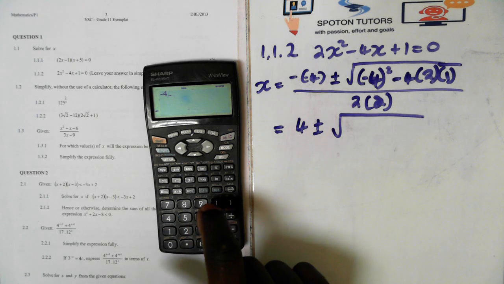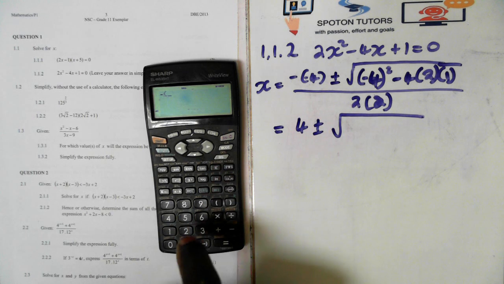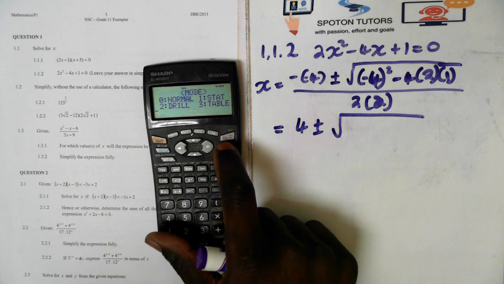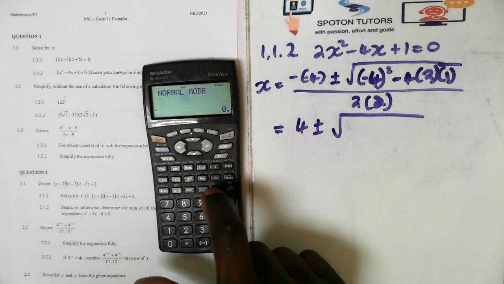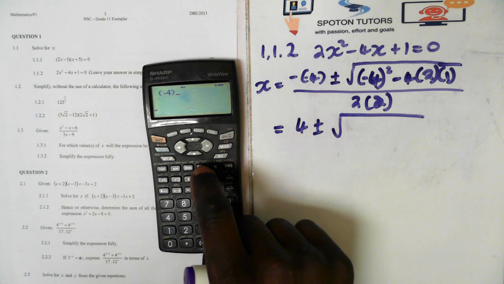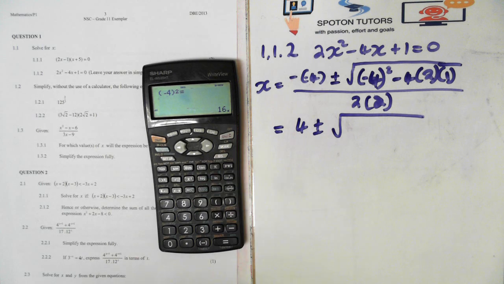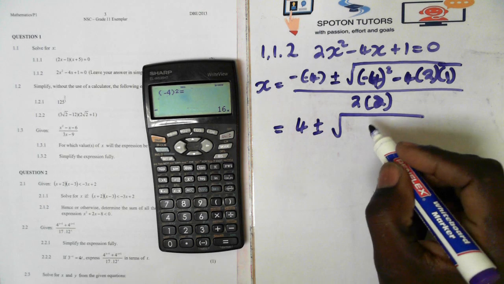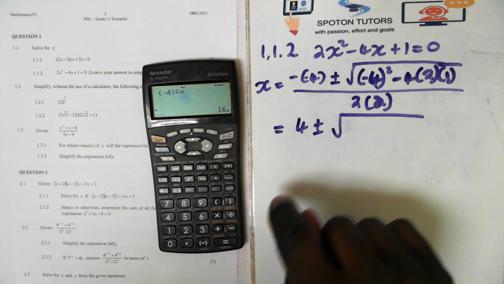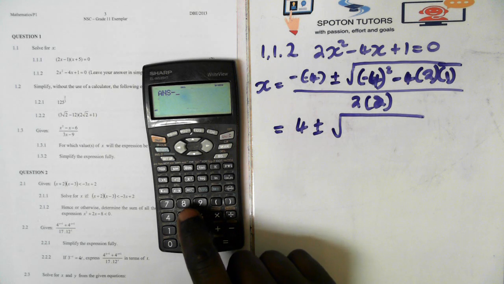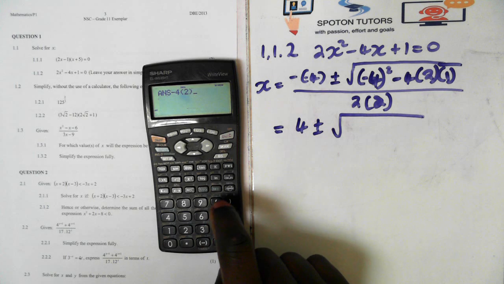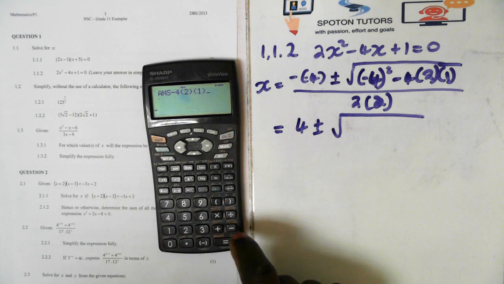So 4, maybe one would argue, why don't I put brackets? So 4, open bracket, negative 4, close bracket, squared. I want that answer, it is 16, right? So this gives me 16. That's 16 minus 4, open bracket 2, close bracket, open bracket 1, close bracket.